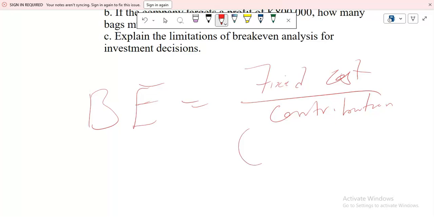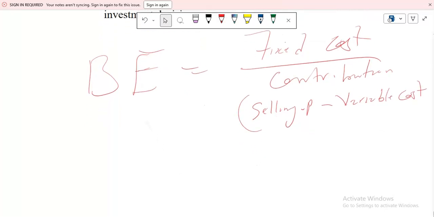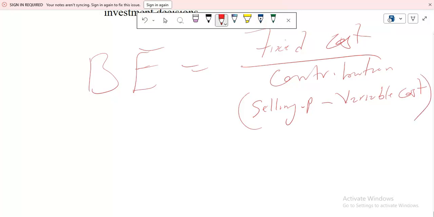You know that what composes contribution is selling price minus your variable costs. Alright, that's your formula.